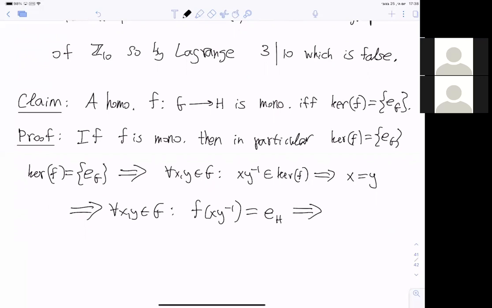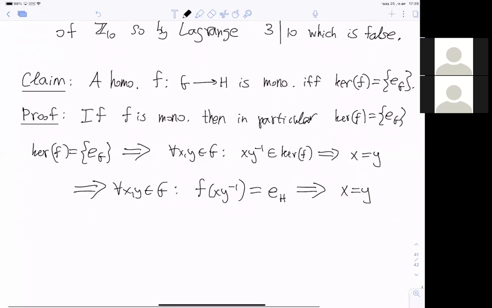It implies that x equals y, because this means that it belongs to the kernel. So x must be equal to y.